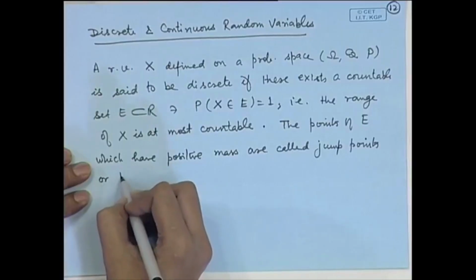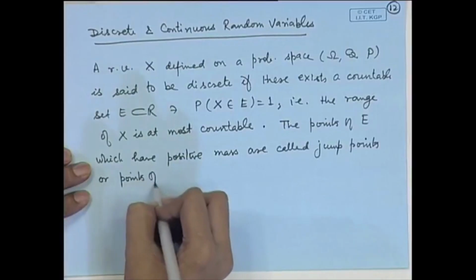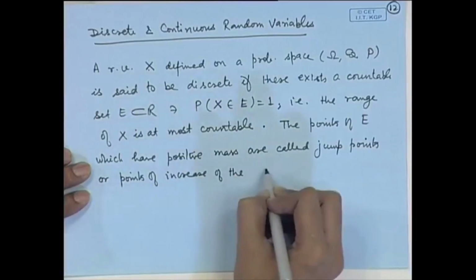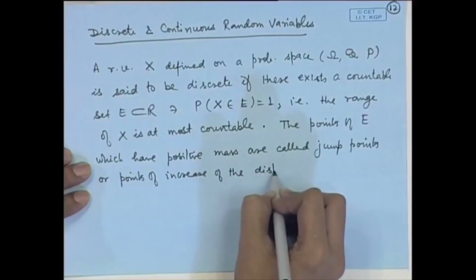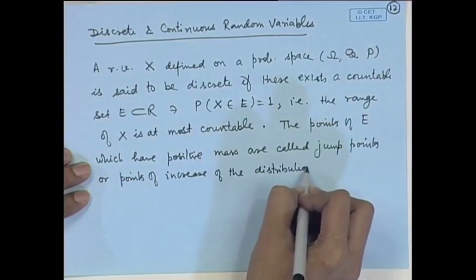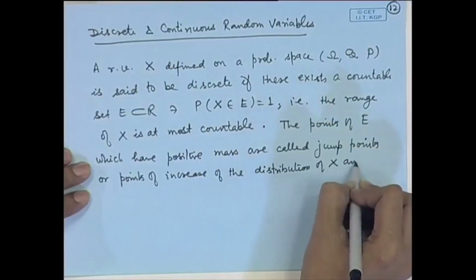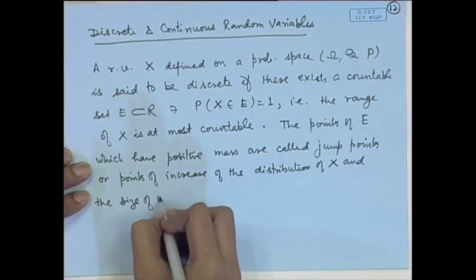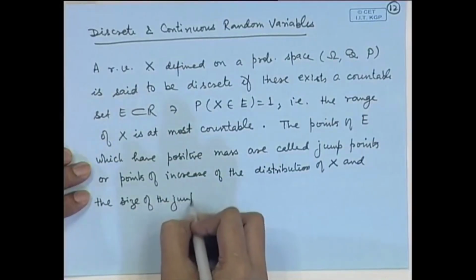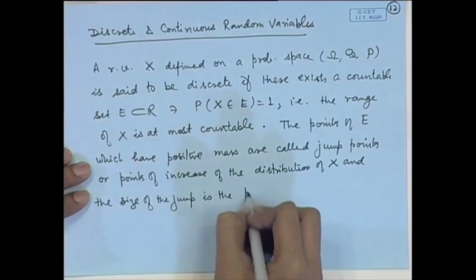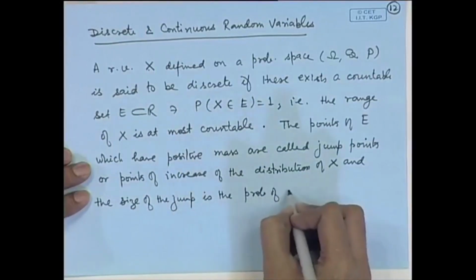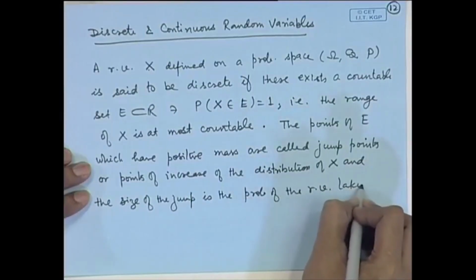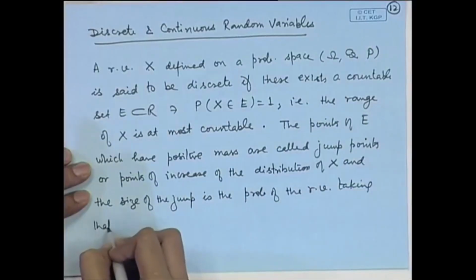These are points of increase of the distribution of X, and the size of the jump is the probability of the random variable taking that point.